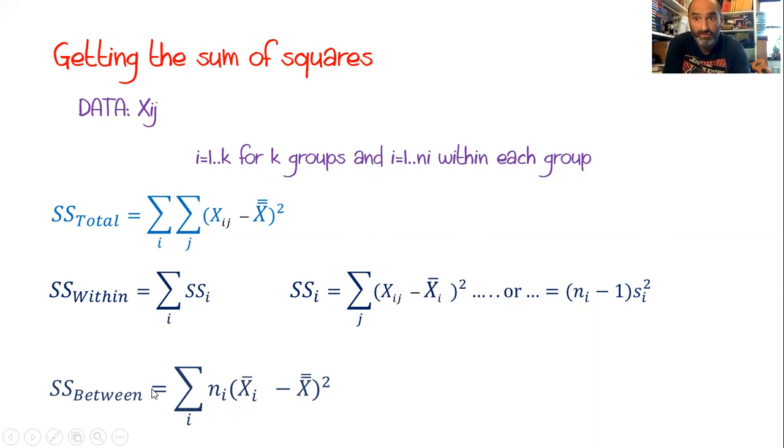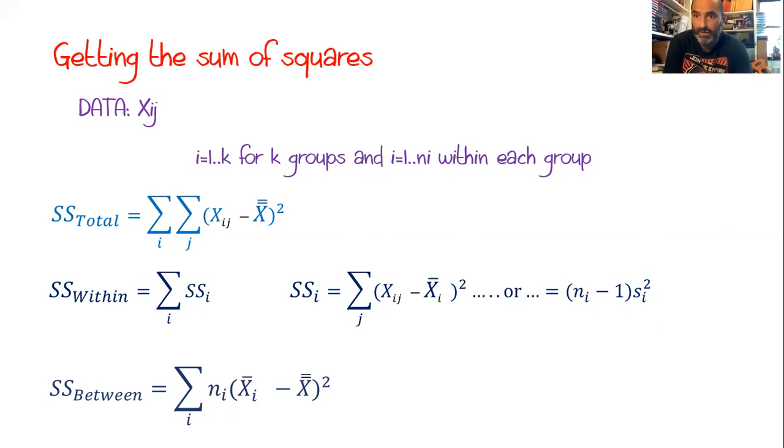SS between is going to be very small. Then you're going to say, okay, SS between is small, SS within is large. The total variation is caused by the variation within the groups, not because X bars are far away from each other. Therefore, mu's should be equal. Okay?